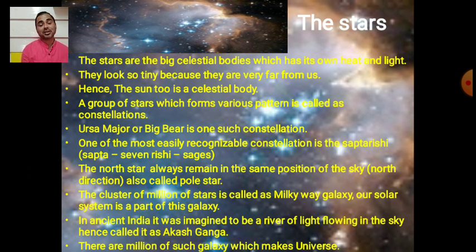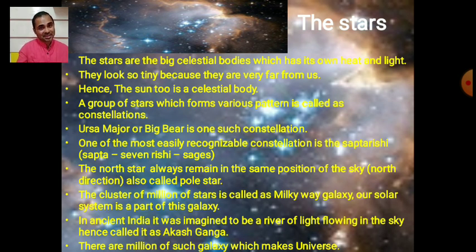Do you know stars are bigger than the earth and the moon? And they have their own heat and light. Correct? What you see in the sky, you may feel that all of them are stars. No, all are not stars. There are some other celestial bodies also.